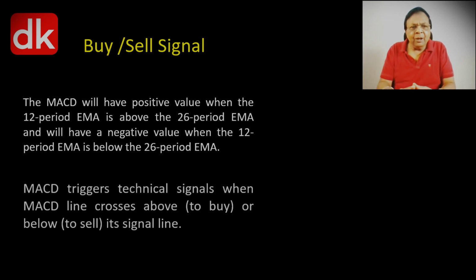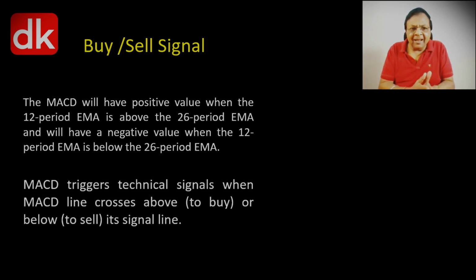And friends, whenever MACD triggers technical signals, it is in two conditions. When the MACD line crosses above the signal line, it's a buy signal. And when the MACD line crosses under the signal line, it's a sell signal.